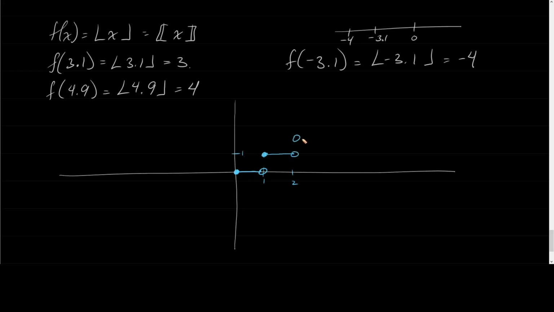Similarly, between 2 and 3, including 2 but not 3, they get rounded down. Between 3 and 4, and so on and so forth. Similar idea. This is a kind of step function. You may have heard it being called that. It's one of the possible step functions.